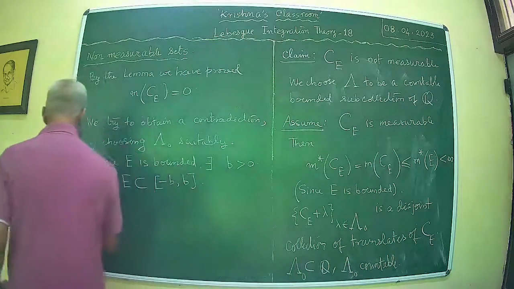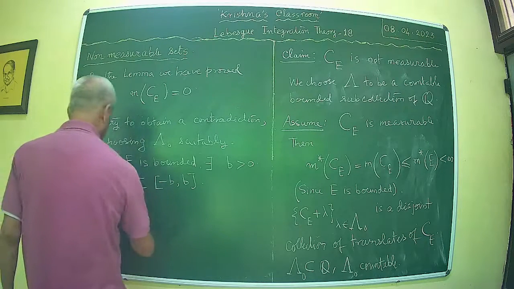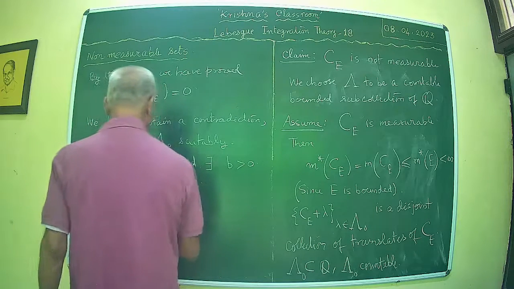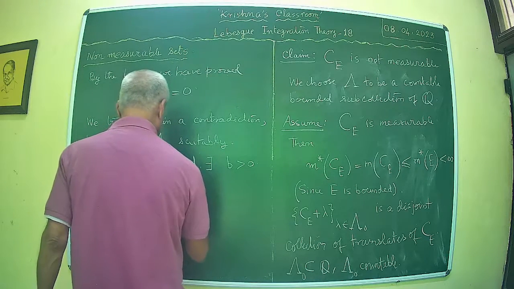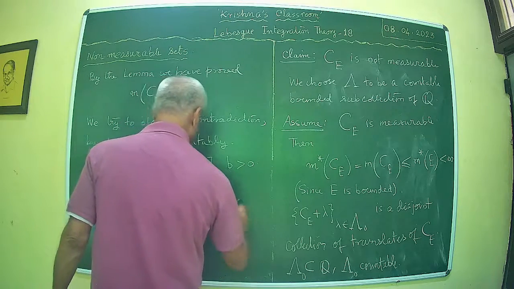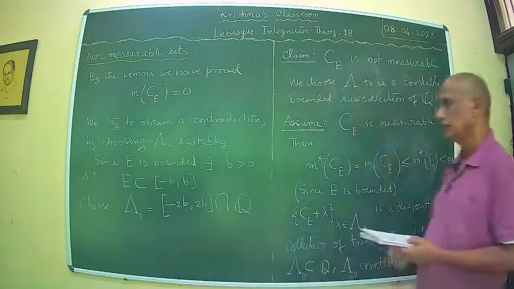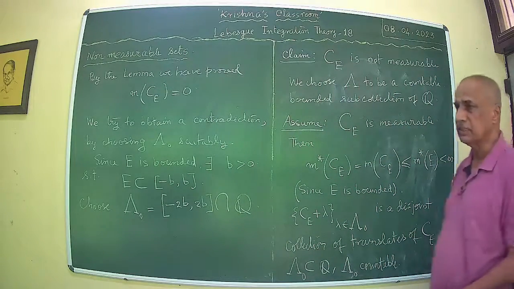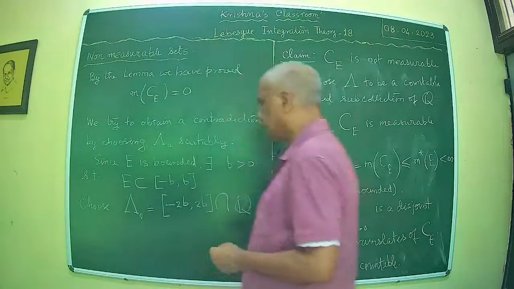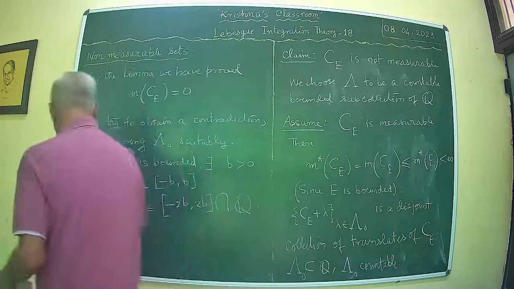Now choose lambda naught, that means all rational numbers enclosed in the closed interval minus 2b to 2b. So you know that this is a countable collection. Lambda naught is a countable collection.